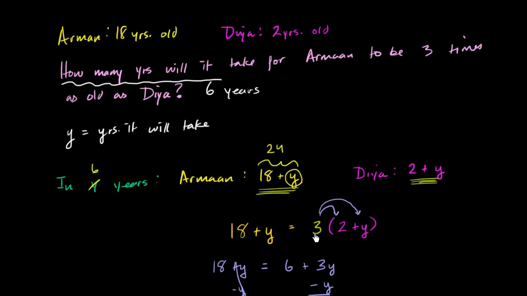How old is Dia going to be? Well, she's going to be 2 plus 6, which is 8 years old. And lo and behold, 24 is indeed 3 times as old as 8. In 6 years, Armand's 24, Dia is 8. Armand is 3 times as old as Dia. And we are done.